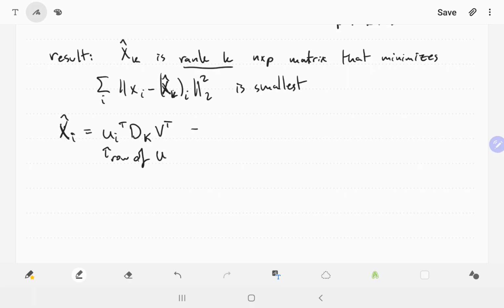And this is equal to the sum over j of u_ij times D_k V transpose j, where this j is indexing columns. So we have to be a bit careful about this. But this is the columns of this, and the u_i is a row of U.